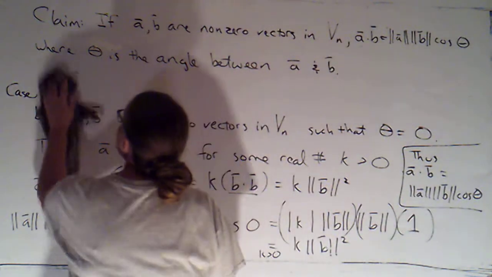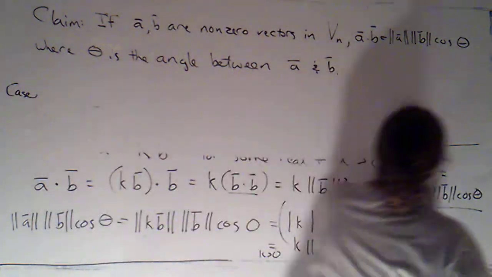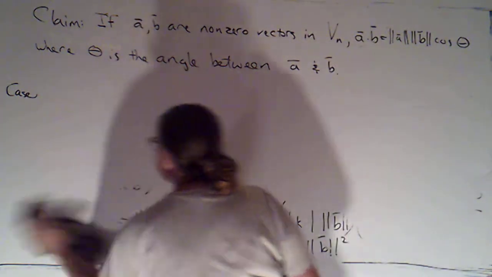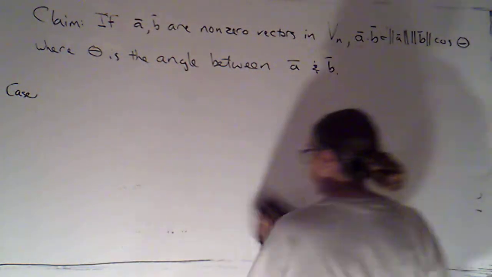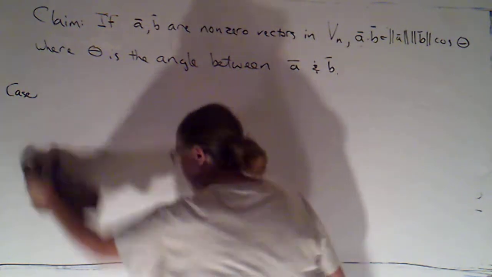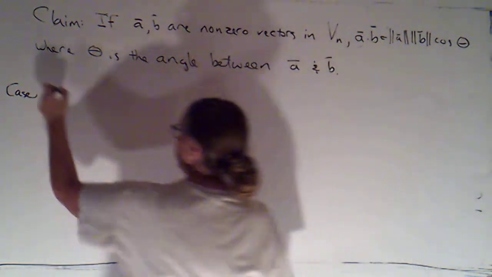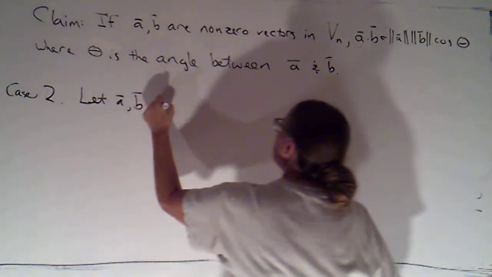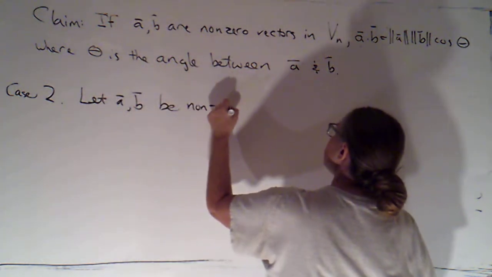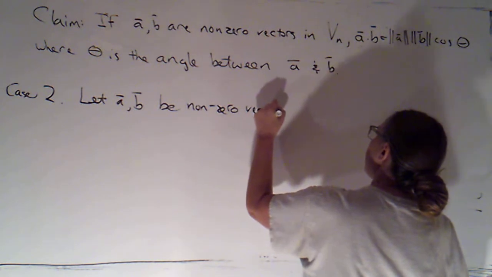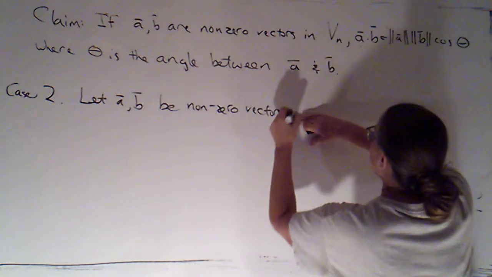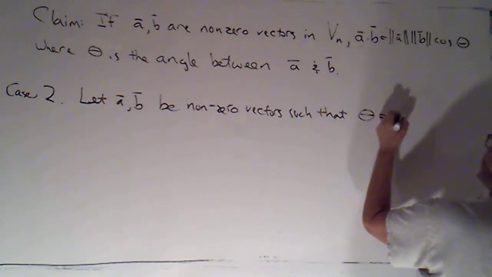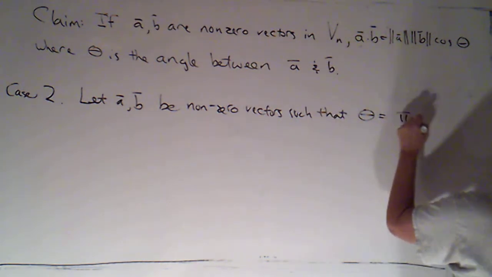Let's take a look at case 2. Now, case 2, my vectors are still going to be parallel, but this time they're going to point in opposite directions so that the angle between them will be negative. So case 2, let A and B be non-zero vectors such that theta is pi.